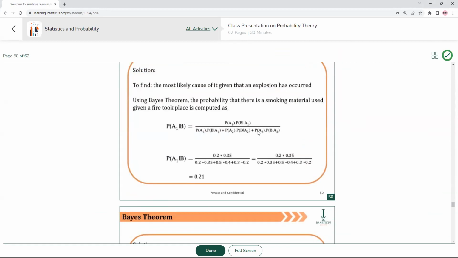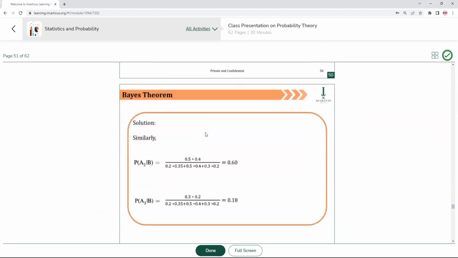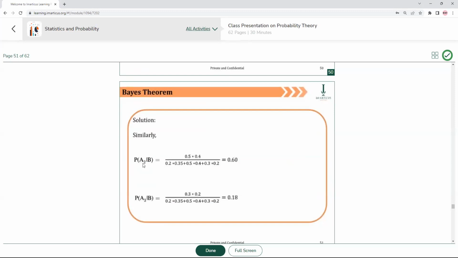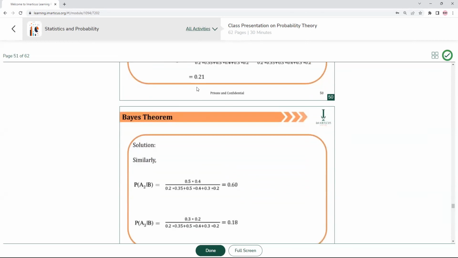Make sense now? Yes sir. Okay. अब ये वैल्यूज यहाँ डाल दिया तो 0.21 आया. Similarly, I went with probability of A2 given B, which is 0.60, and A3 given B, which is 0.18. So इसमें probability किसकी सबसे ज्यादा है? इसकी, right? That is 0.60. पहले वाले का 0.21, दूसरे वाले का 0.60, थर्ड वाले का 0.18.